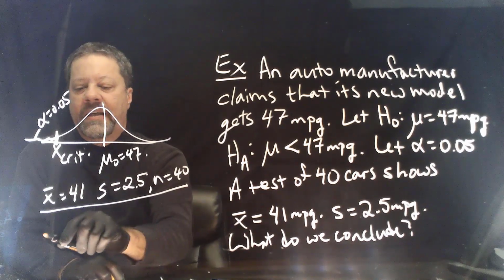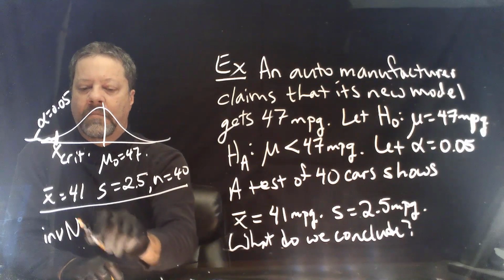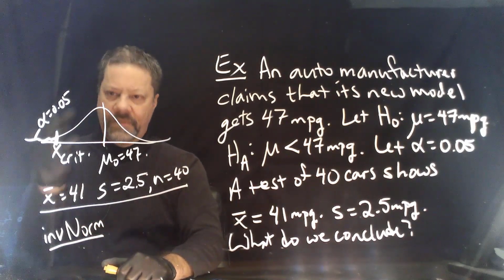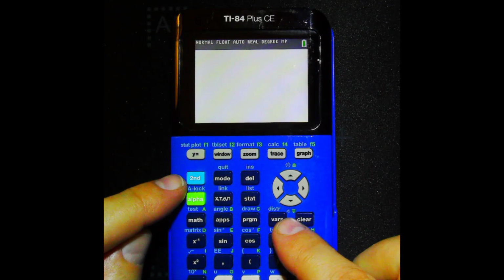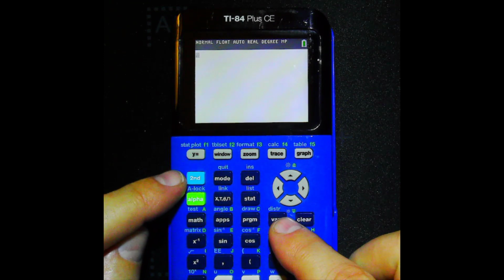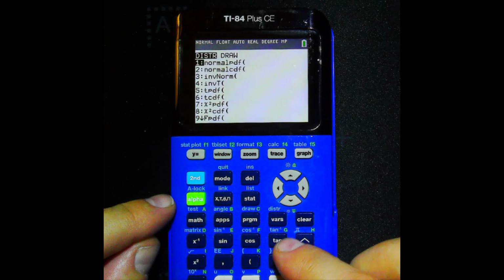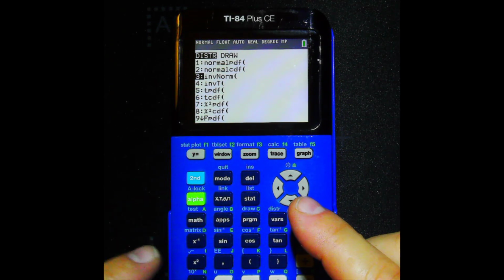We can use the norm inverse to figure this out using this left tail. The critical value can be found by using inverse normal. So we'll press second and then distribution. We'll scroll down to inverse normal.